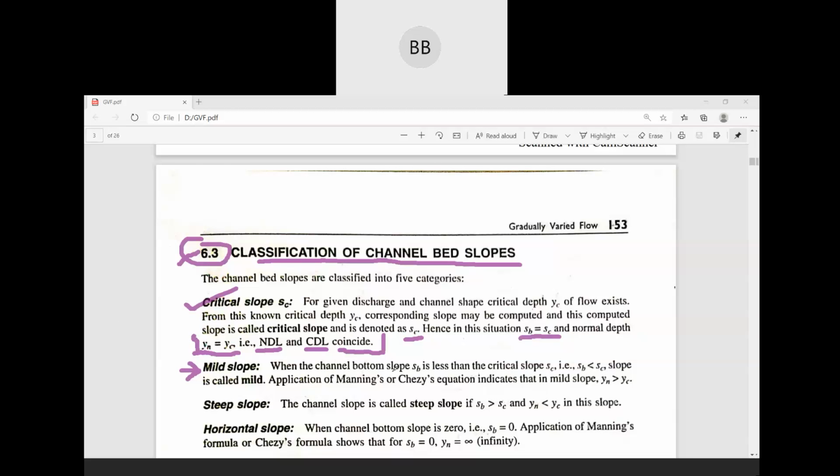To find out the bed slope, if it is less than critical slope, then we can say the slope is mild, that is SB less than SC. Application of Chezy's or Manning's equation indicates that in mild slope your normal depth is greater than your critical depth.